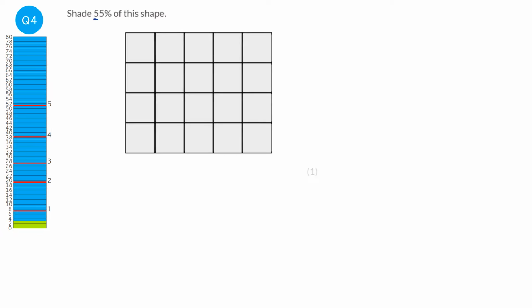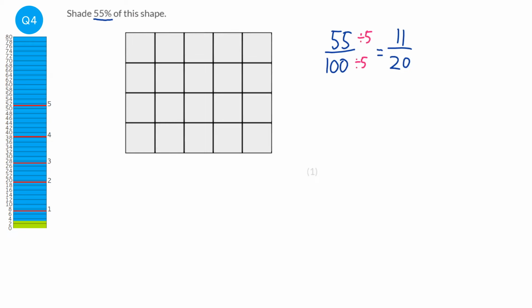55% is the same as 55 over 100. What I can do is divide the top and bottom of the fraction by 5, and so that is going to equal 11 over 20. In total there are 20 squares here because there's 5 across and 4 down. 5 times 4 is 20.